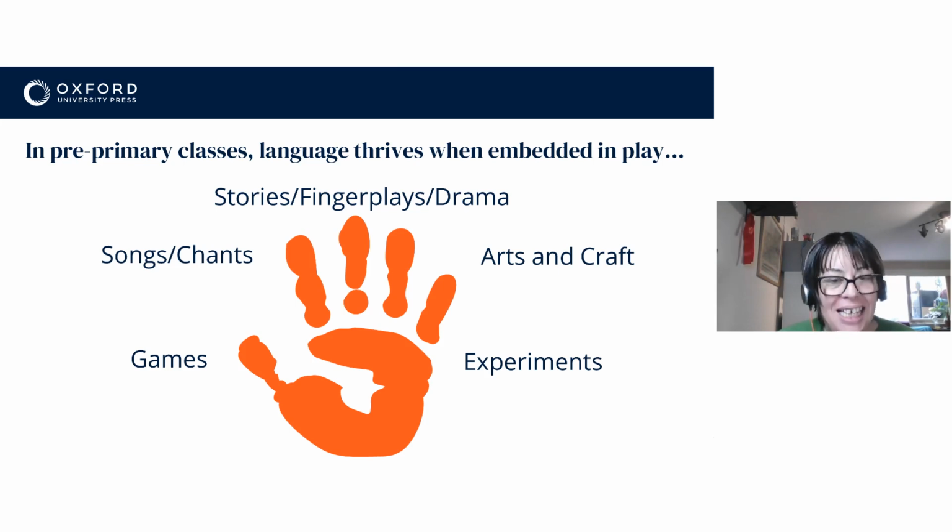But play in the young learner's classroom is learning. Learning success will happen when it is embedded in play. And I believe the upcoming session from Rob Peacock is all about looking at those ideas as well.